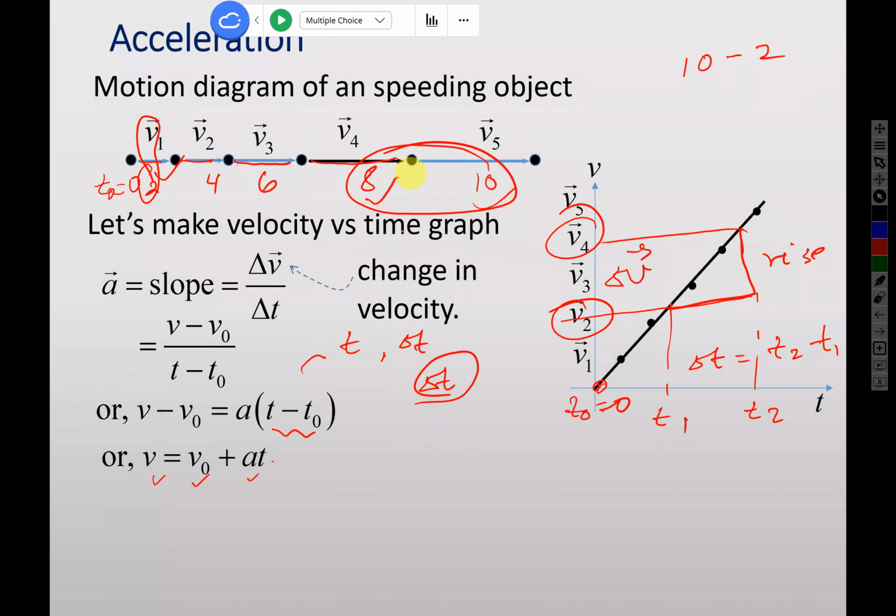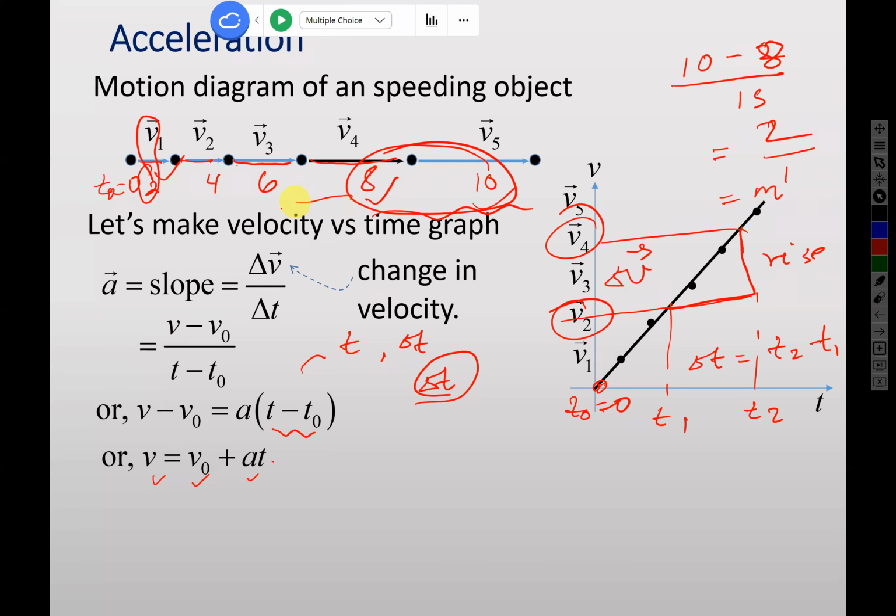Final minus initial among these two, and divide by the time interval. And for the motion diagram, we use equal time interval. And let's say if that was 1 second, then this is gonna be 10 minus 8, not 10 minus 2, sorry about that. So 2 over 1. So what is acceleration? 2.